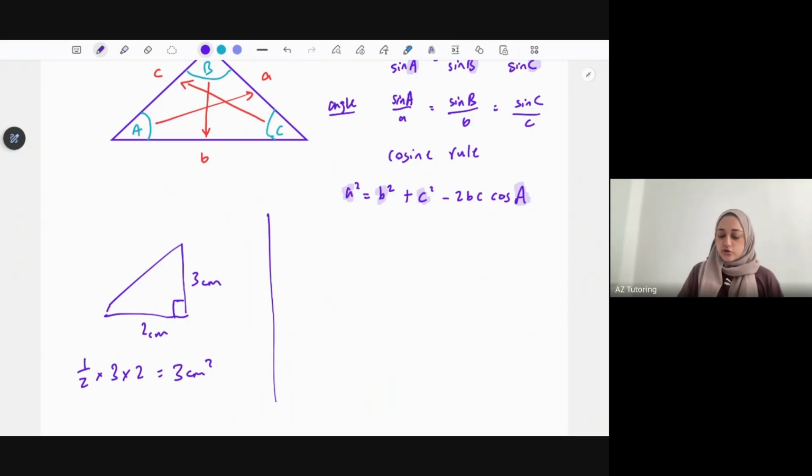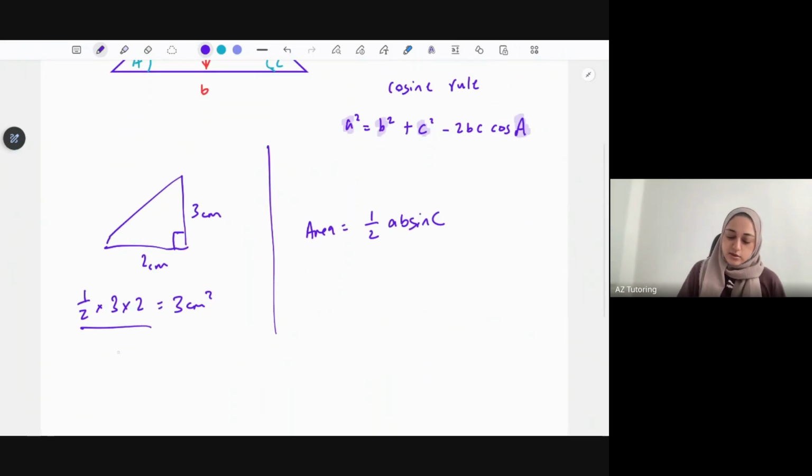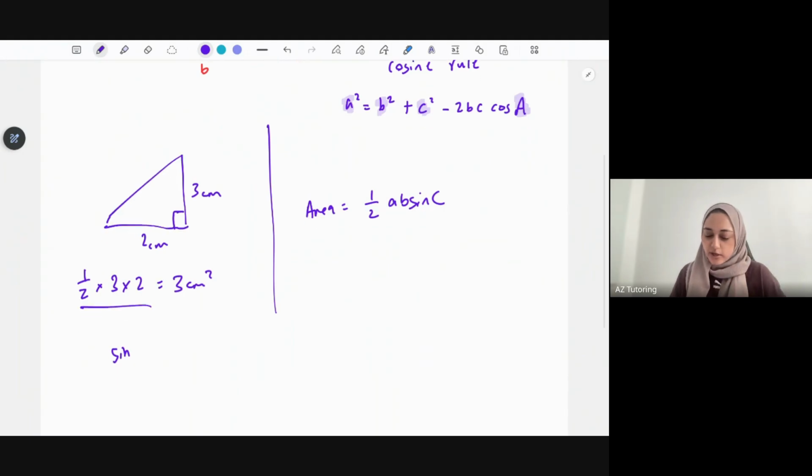Now for non-right angle triangles, the area is half times a b sine C, which is basically what you're doing here, there's half a b. The reason we don't have sine C in the right angle triangle is, I'll explain why.